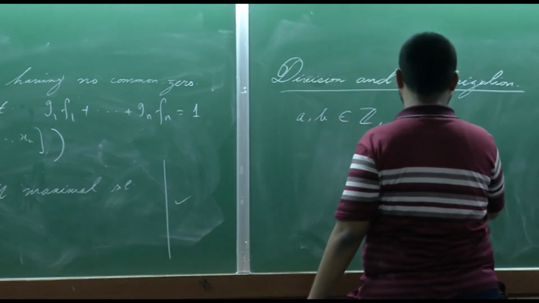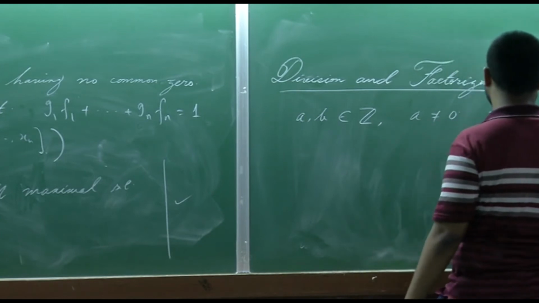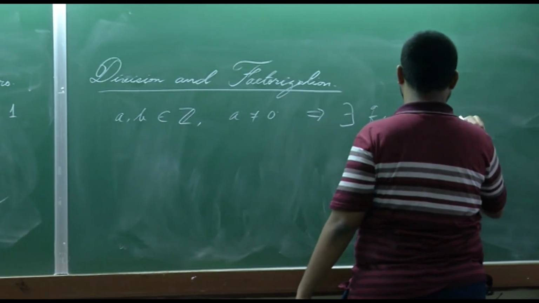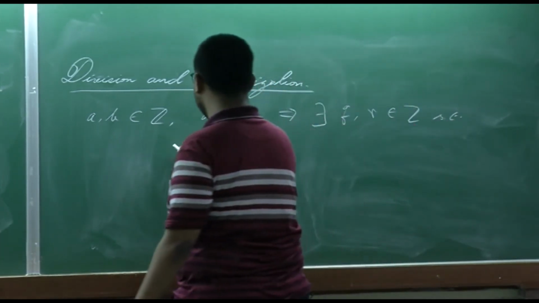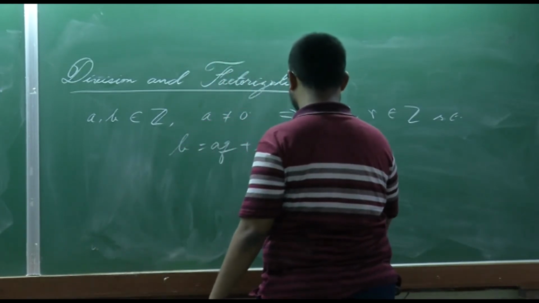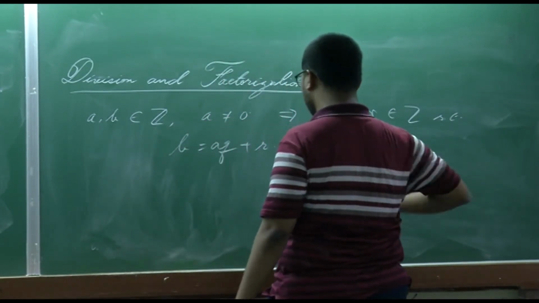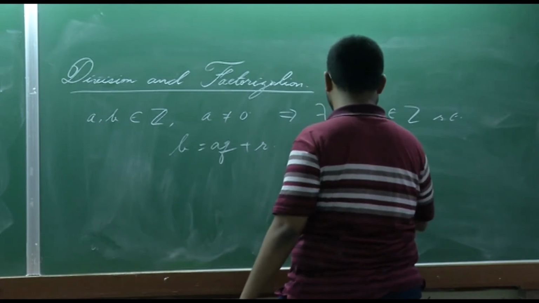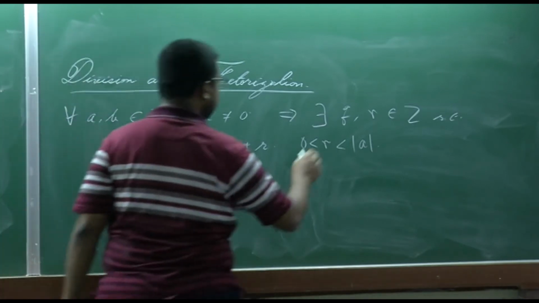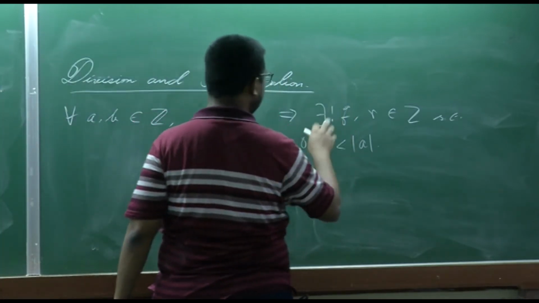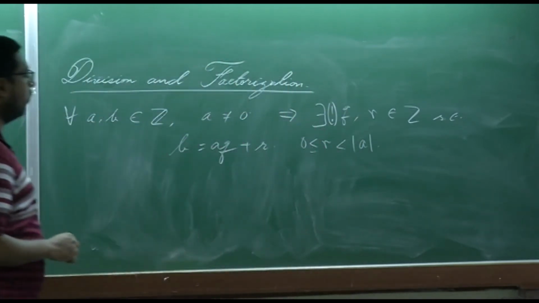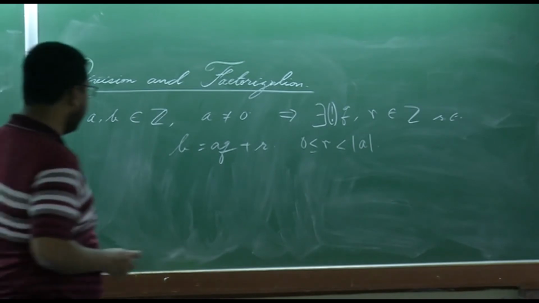Let me take a not equal to 0, then there exist integers q and r such that b equals aq plus r, where r is greater than or equal to 0 and less than mod a. This is called the division algorithm. In this case the quotient and remainder happen to be unique, but right now I am not so much bothered about uniqueness.